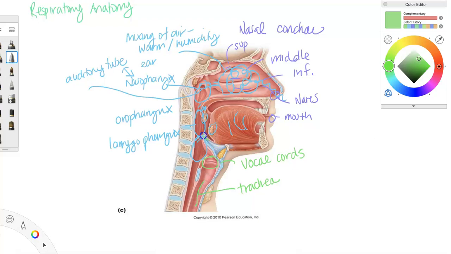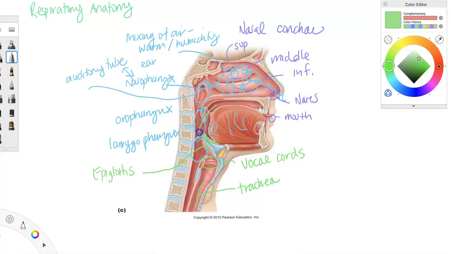And this thing right here is a little device called the epiglottis. When you eat food, the food is in your mouth and it comes down.